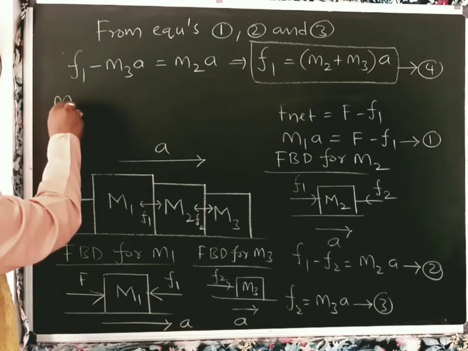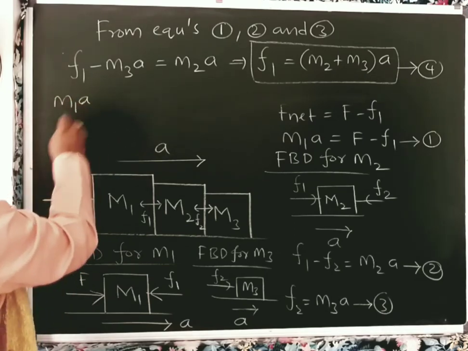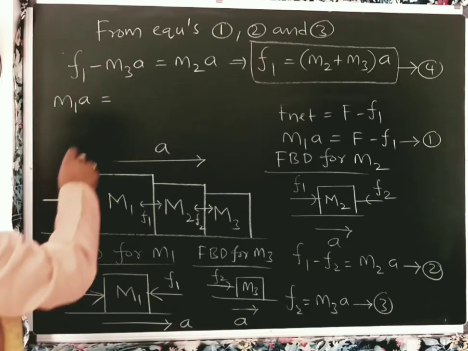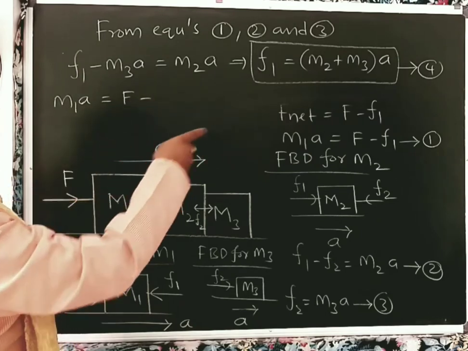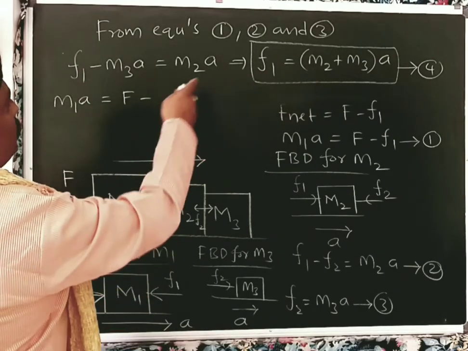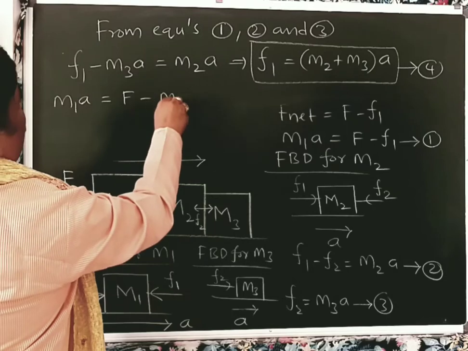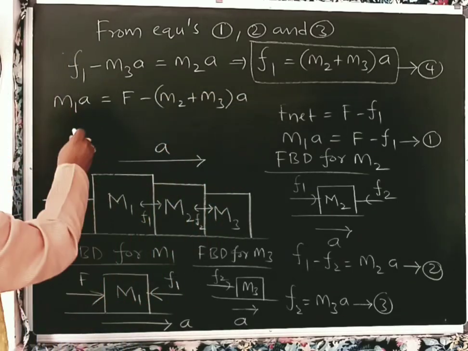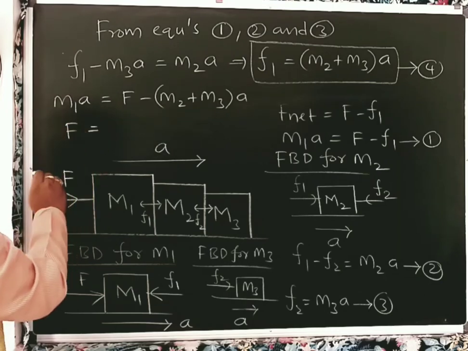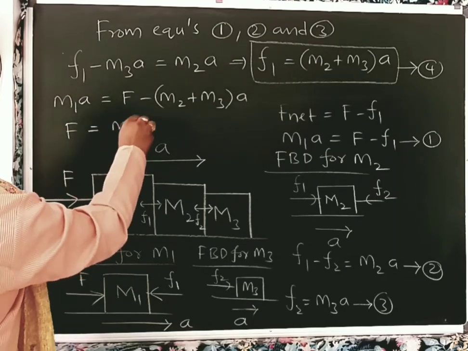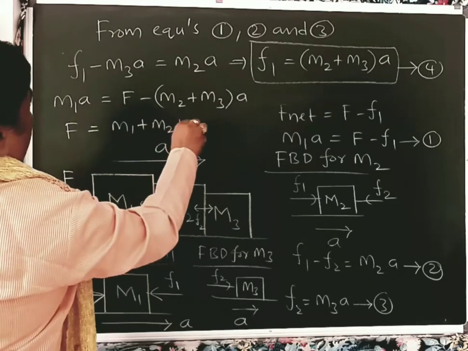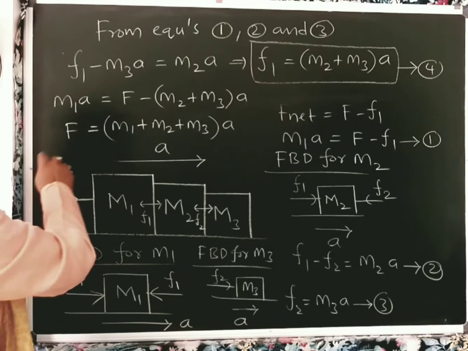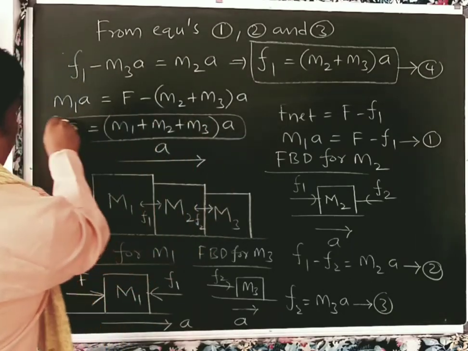From equation 1 we write M1A is equal to F minus, instead of F1 substitute (M2 plus M3) into A. Simplify this value, and we will get applied force F is equal to (M1 plus M2 plus M3) into A. This is equation 5.